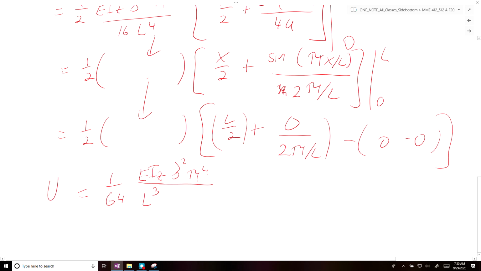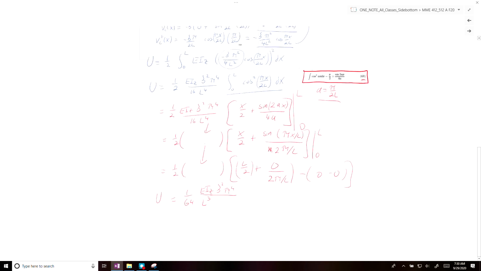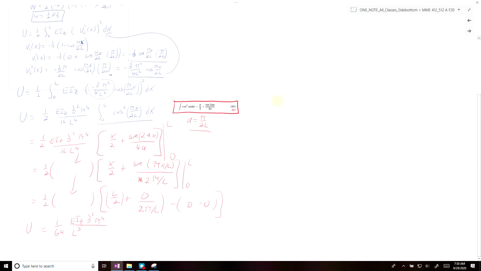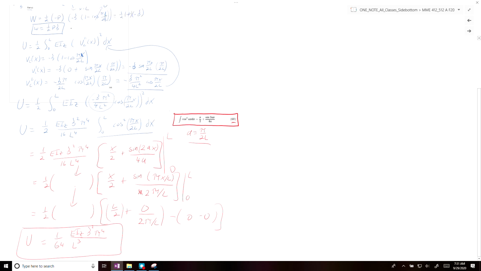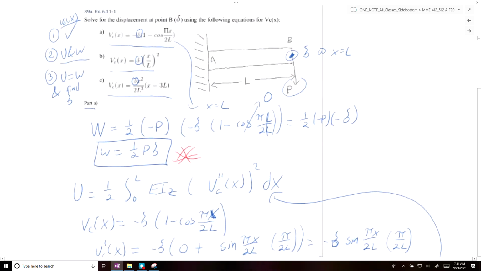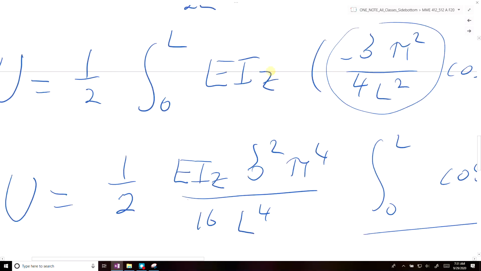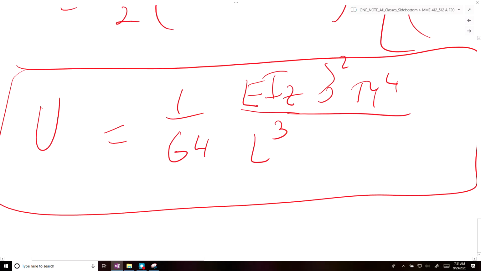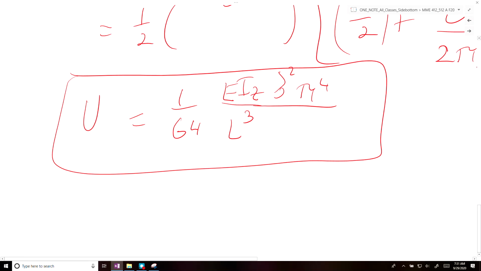Alright, so the last part of the problem is that we have our u term and we have our work term. So our work term is just 1/2 pi delta, and our strain energy term is equal to 1 over 64 times all this stuff.